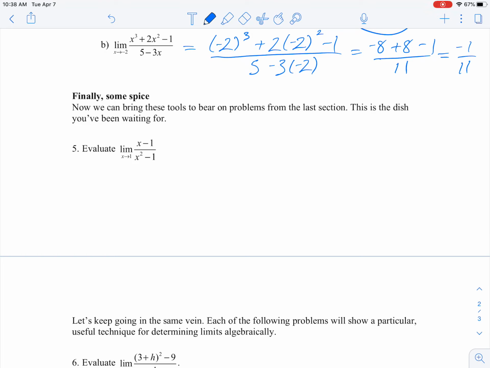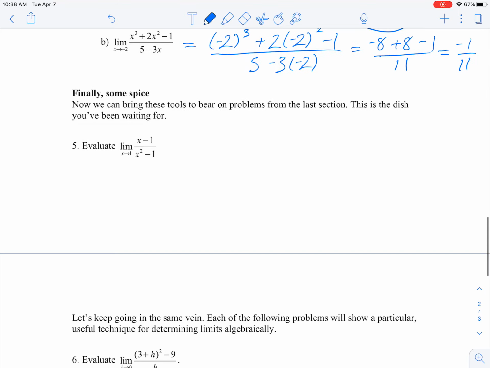Finally, some spice. Now, we can bring these tools to bear on problems from the last section. They were more interesting. This is the dish you've been waiting for. What we mean to do here is to use properties of algebra to cancel problematic portions of the expression.